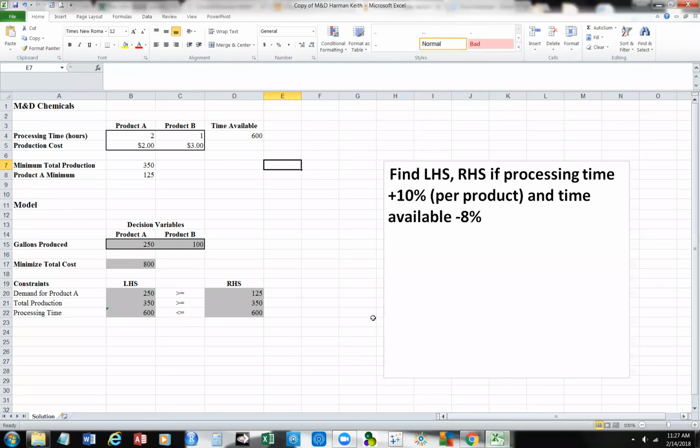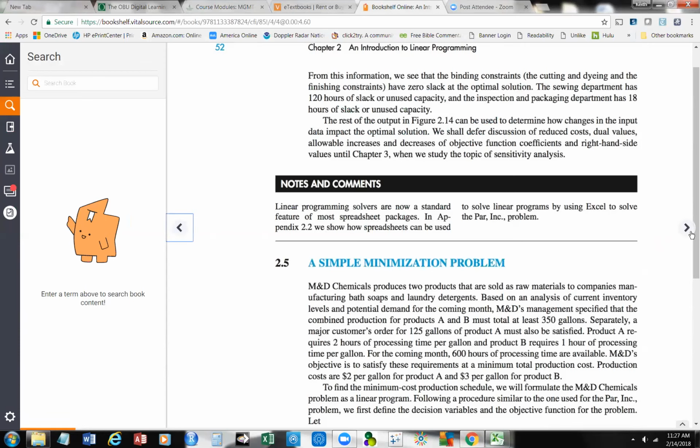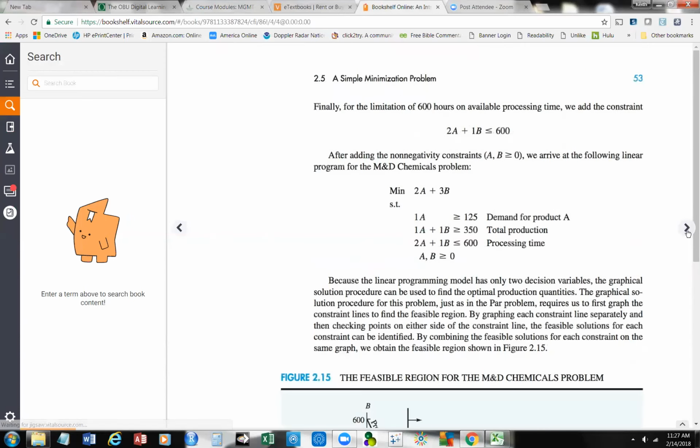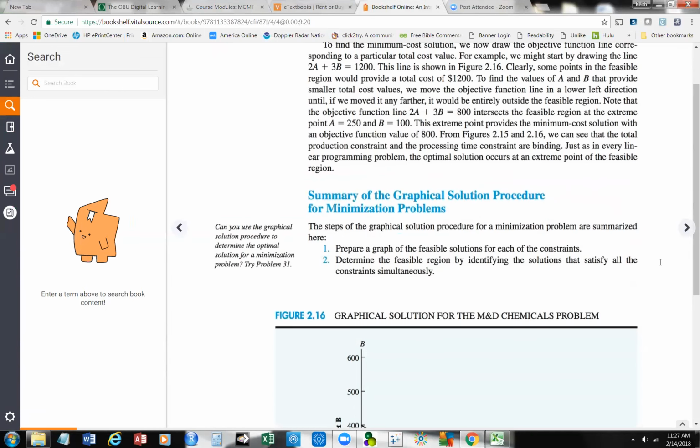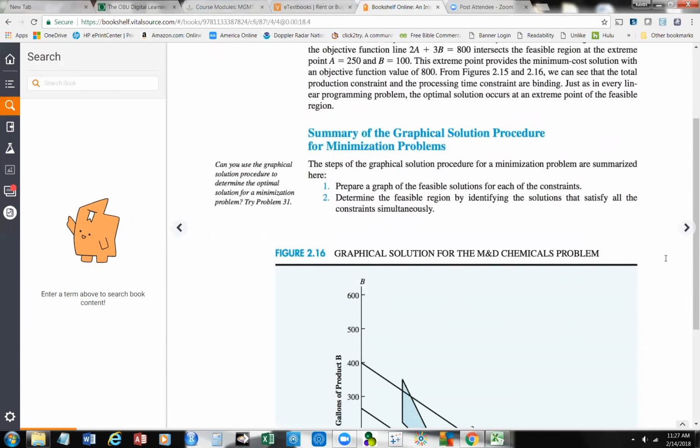And so you'll just need to plug in those variables and do some work with them. Now, I do want to go back over here for just a moment and talk about this key passage that shows you the summary of the graphical solution.